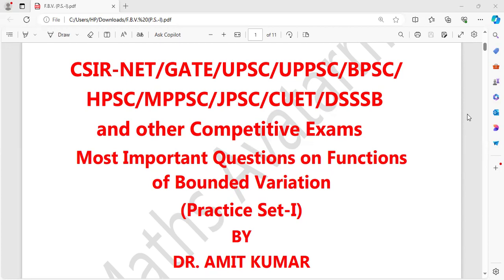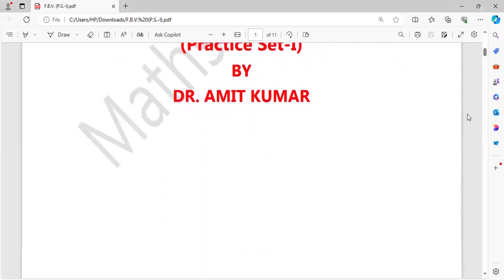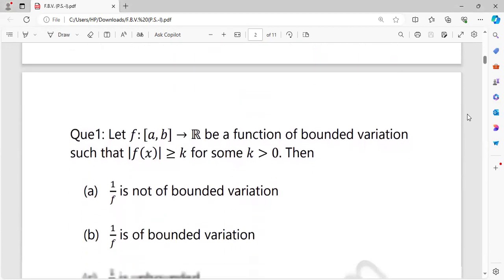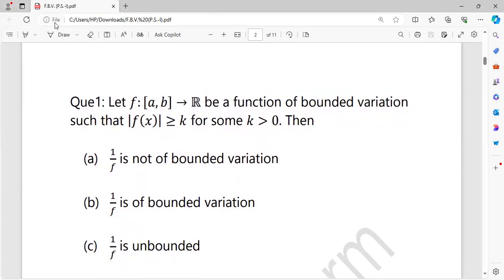So, first question is: let f be a function of bounded variation on closed interval [a, b] such that the absolute value of f(x) is greater than or equal to k for some k greater than 0.